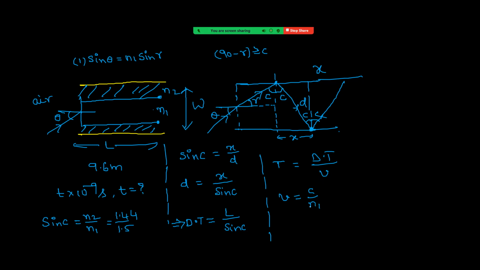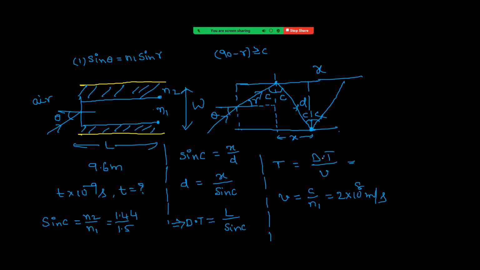In the beginning, we discussed the definition of refractive index. So v equals speed of light in vacuum upon refractive index, and mu value 1.5. So c value 3 × 10⁸. This becomes 2 × 10⁸ meter per second, right? Now substitute that in this one.